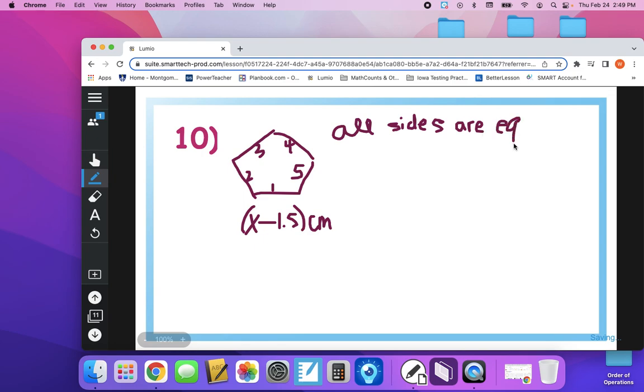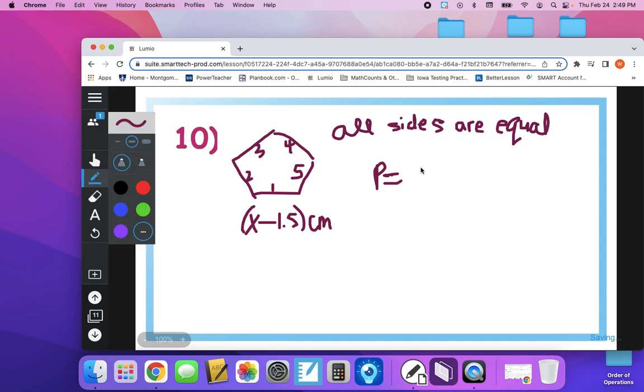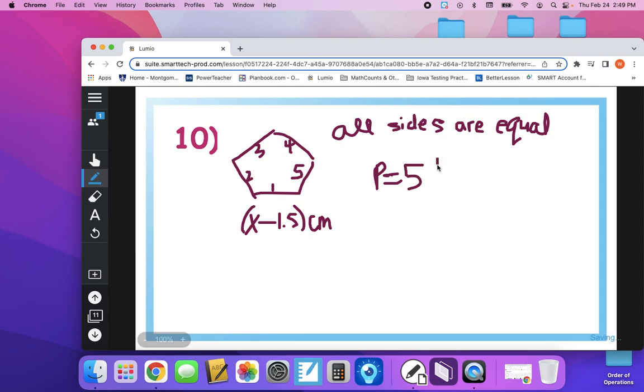So that means, remember, perimeter is the distance around the figure. So the perimeter is going to be equal to 5 times the side length. If I can get a parentheses drawn.